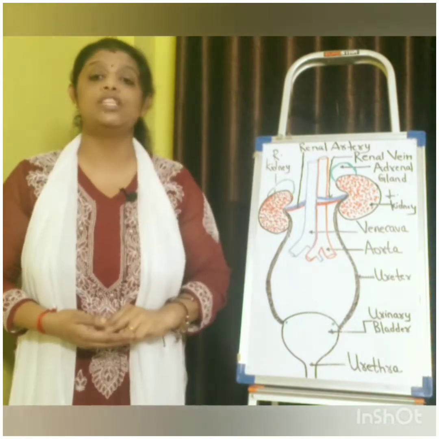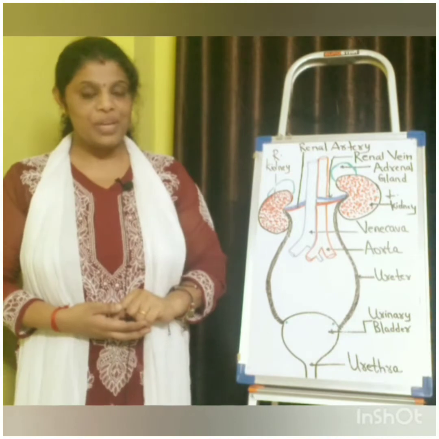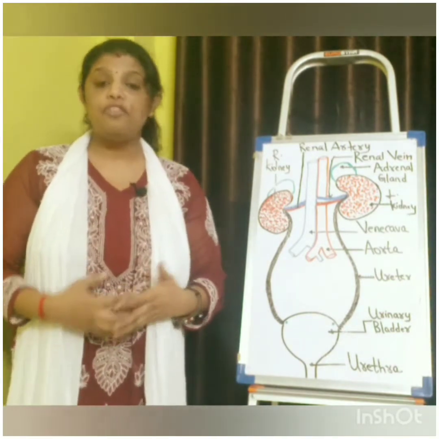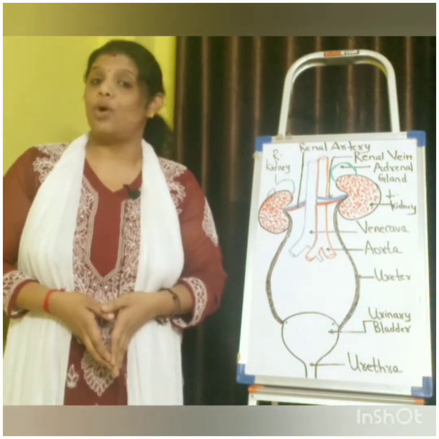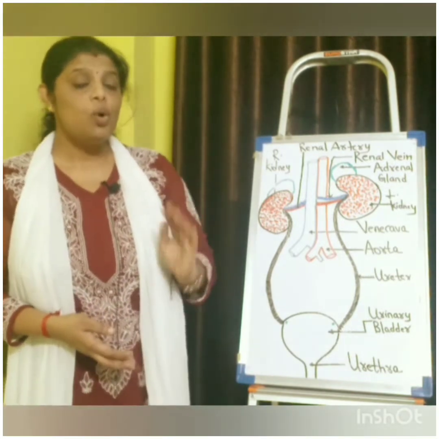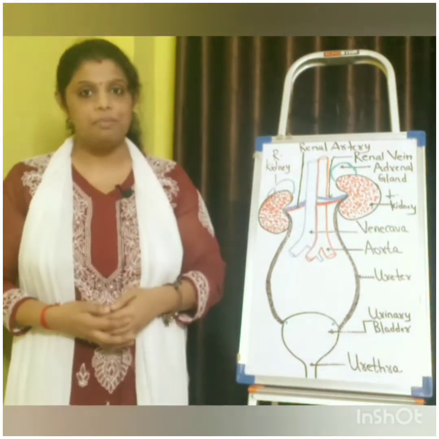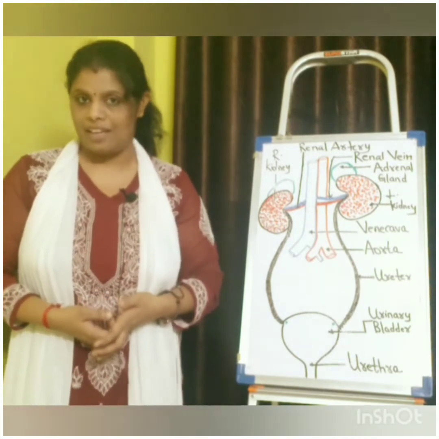The second thing which we need to remember here is the aorta. We have studied that the aorta brings the blood from the heart and takes it to different parts of the body. Now the blood which the aorta brings is oxygenated blood, but it is not filtered blood. मतलब क्या है इसका?